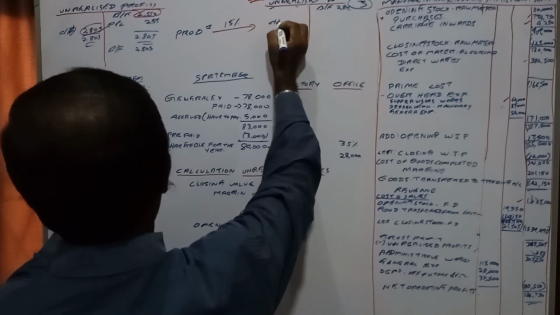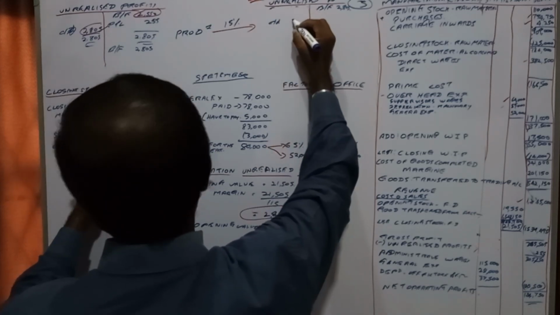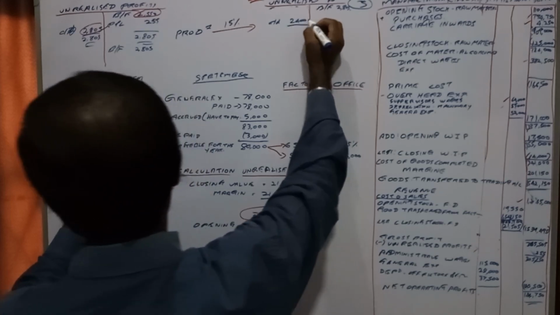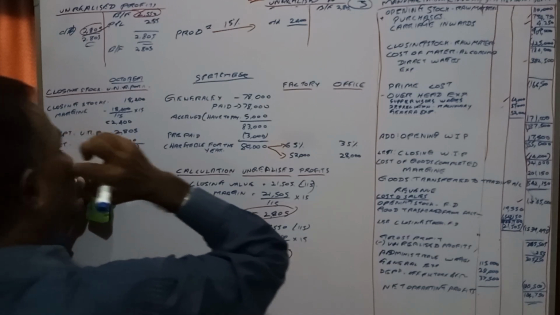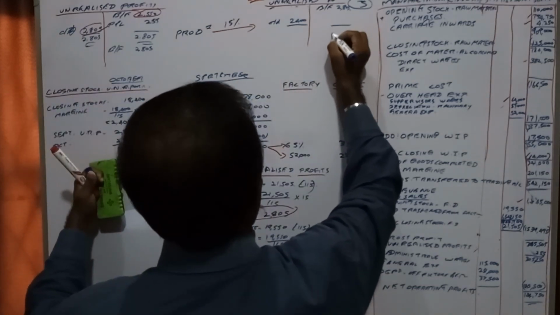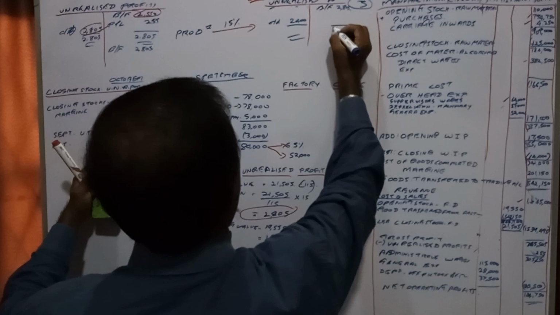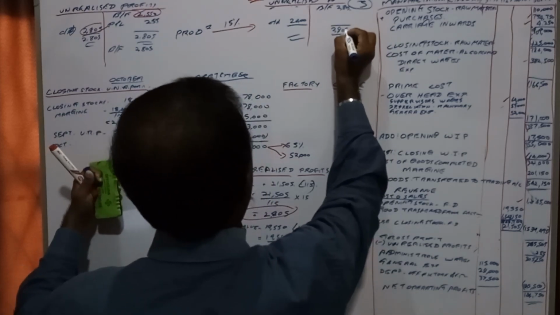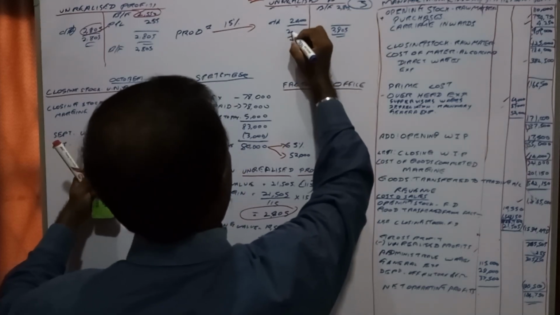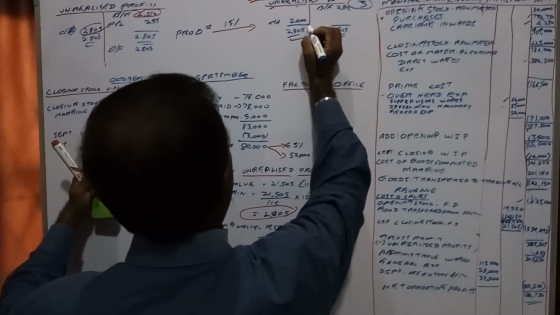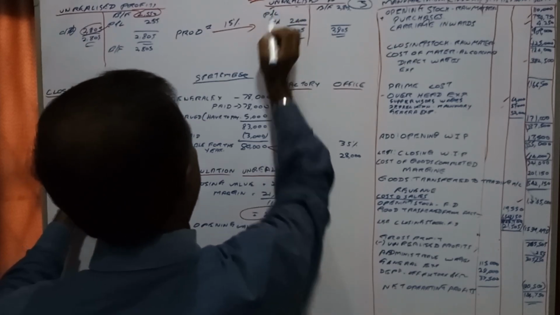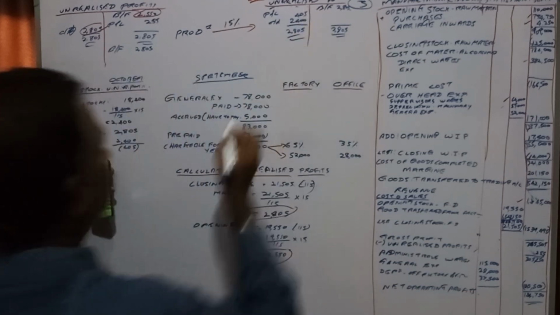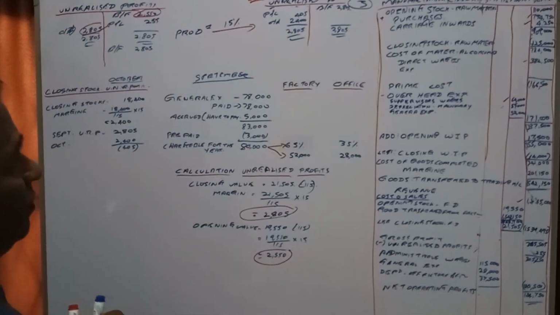Carried down would be 2,400. Which is the greater one? 2,805 is the greater one. So 2,805 you are taking, and to the P&L you have to charge 405.